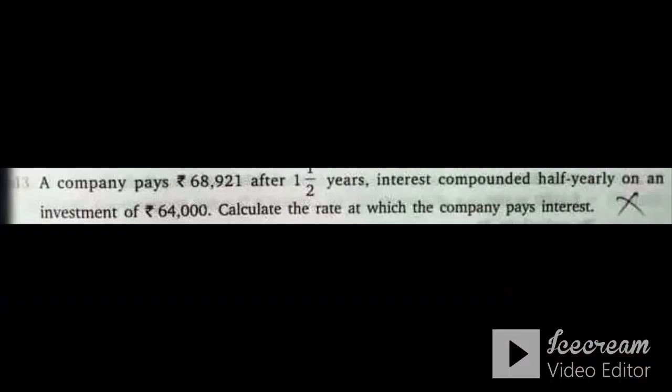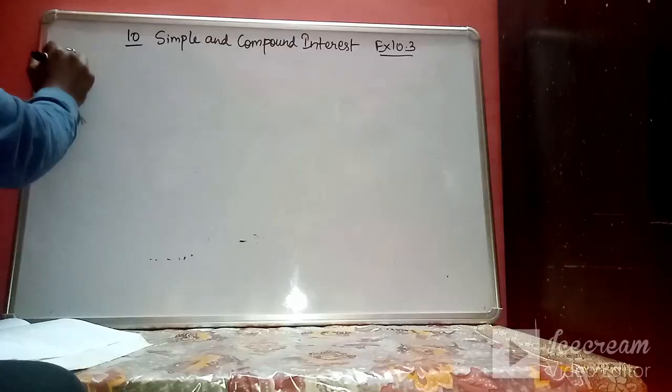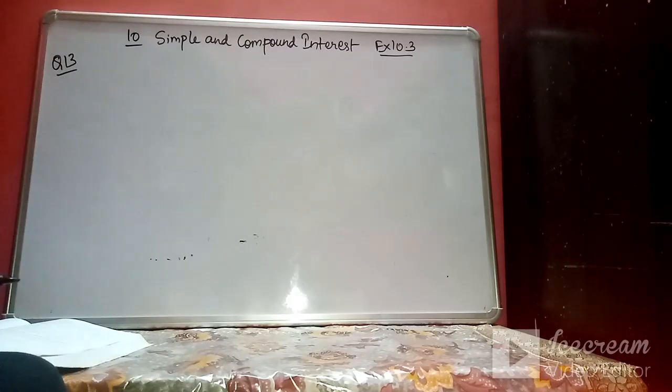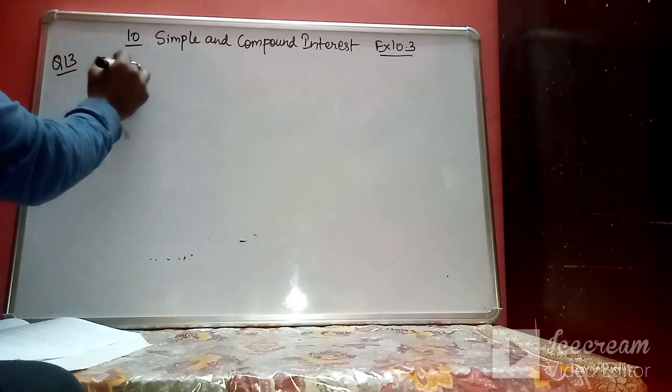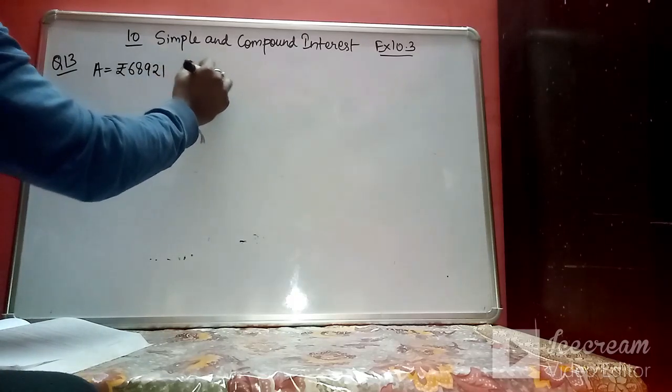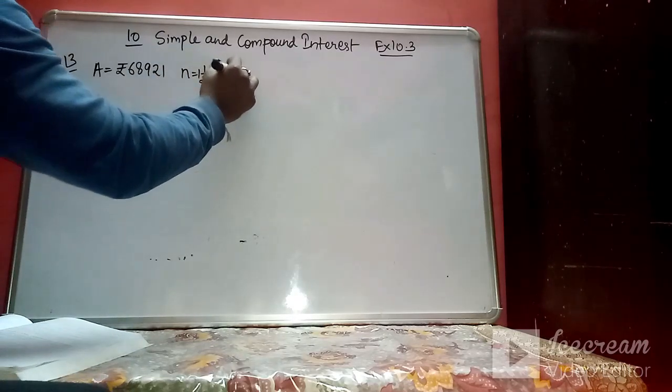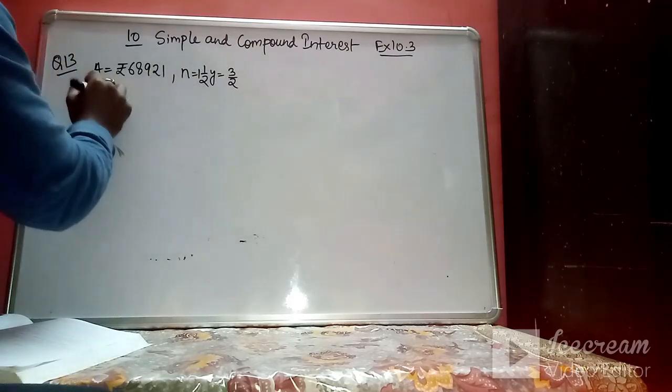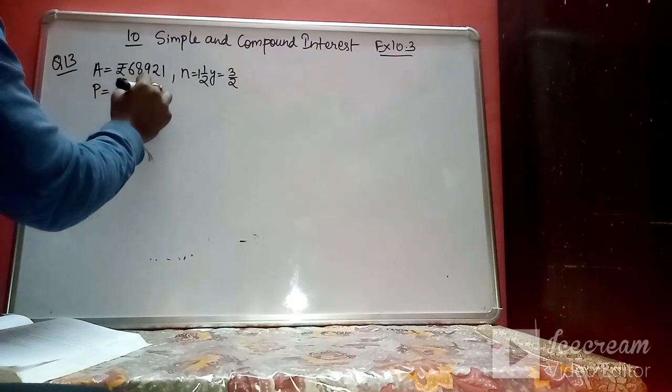A company pays 68,921 rupees after 1.5 years, interest compounded half yearly on an investment of 64,000. That means here the amount is given as 68,921 for the time period of 1.5 years, that is 3 by 2 years. Here principal is rupees 64,000.